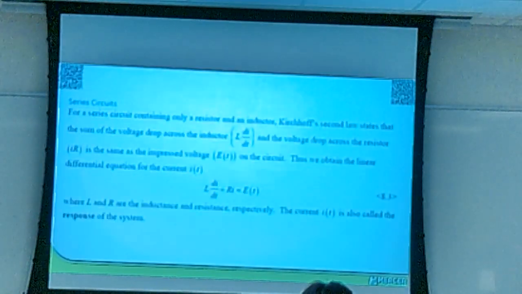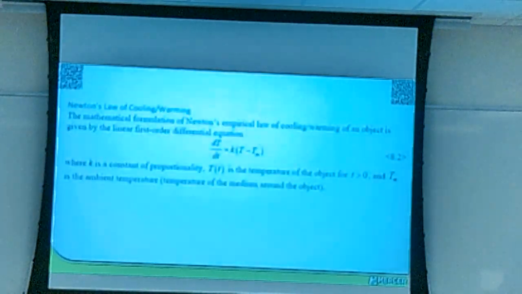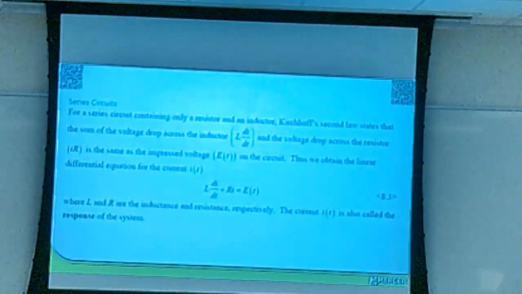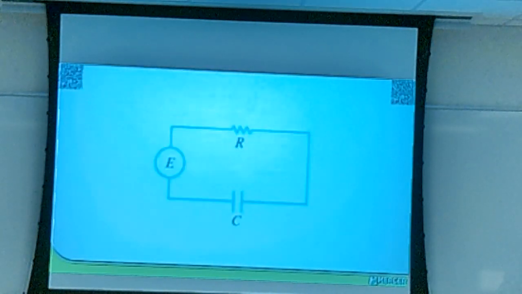Carbon dating, that's Newton's law of cooling. Series circuits, we will be re-examining these later. These are just first order circuits. And Kirchhoff's laws. If you've had E&M, you're familiar with them. And this is an LR circuit. And this is an RC circuit.